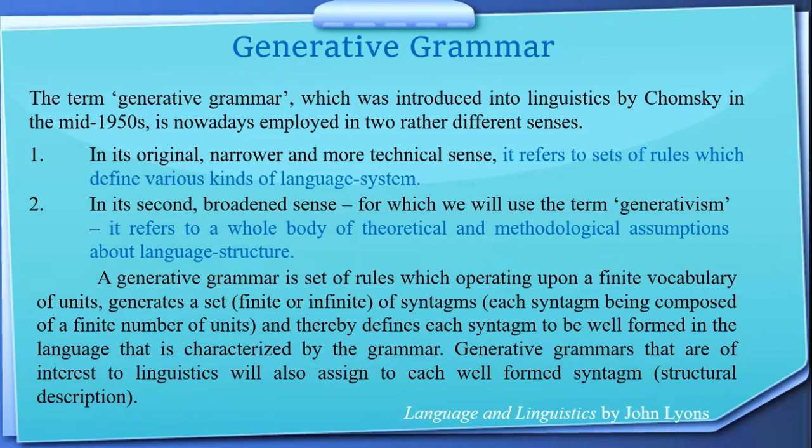Generative grammars that are of interest to linguistics will also assign to each well-formed syntagm a structural description. So when we talk about generative grammar, we are talking about a finite or infinite set of rules for how to make sentences.